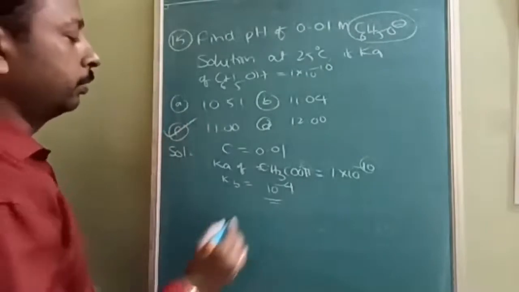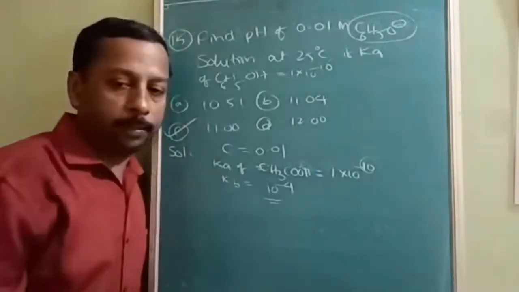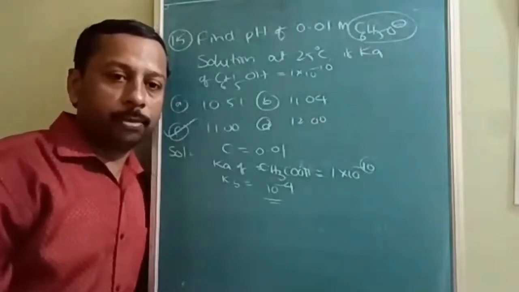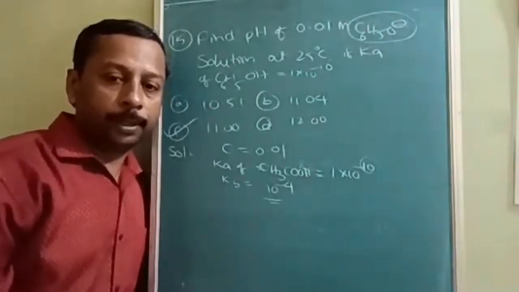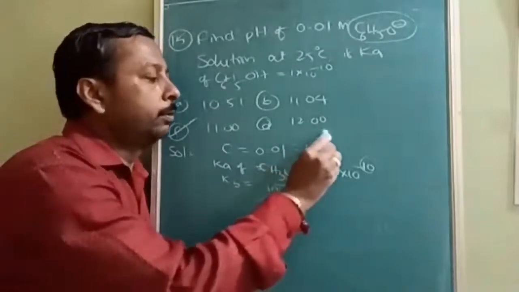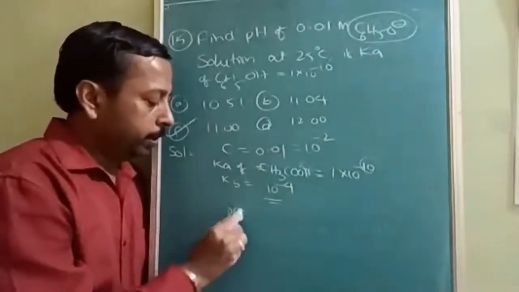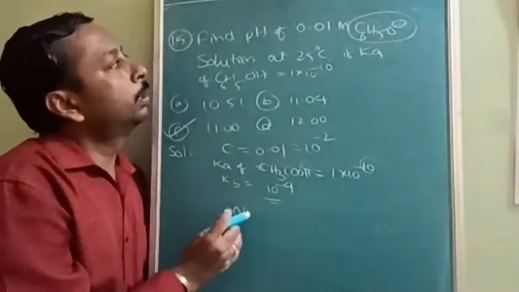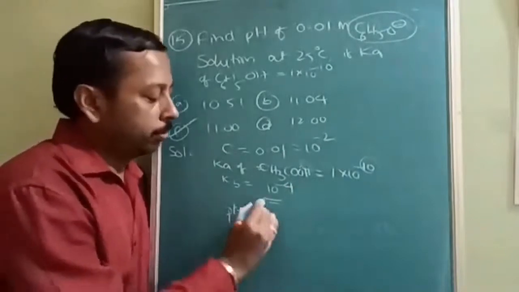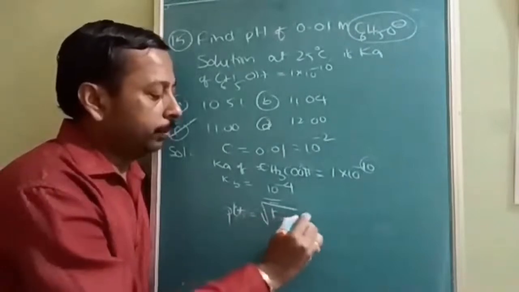Okay. So C also you got, Kb also you got. So from that what you can find out is square root of Kb into C. Kb into C you will get 10 to the power of minus 2. So pH is equal to square root of Kb into C. Okay.